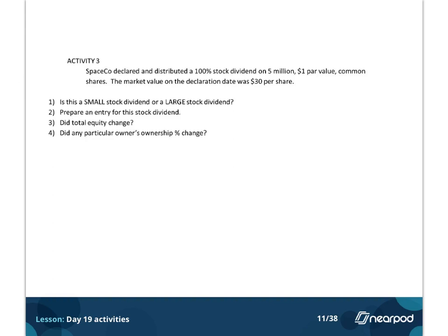And then the next activity was a 100% stock dividend. So again, is this a large or a small stock dividend? Well, 100%, it's pretty large. So that is going to be a large stock dividend, greater than 25%. If we're doing a 100% stock dividend on 5 million shares, that'd be 100% times 5 million.